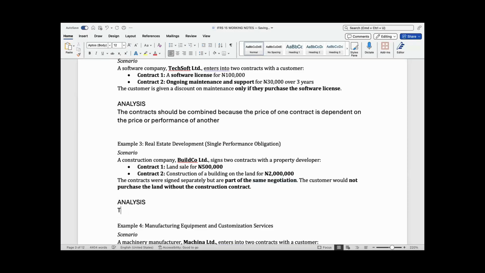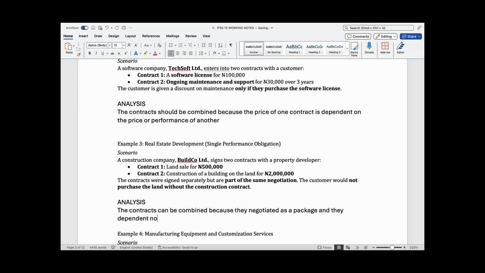Again, the contracts can be combined because they were negotiated as a package and they are dependent on one another.